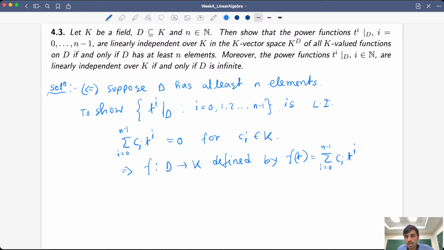Because this is identically 0, whatever t I put, that is 0. Because D has at least n elements, so f has at least n roots, right?